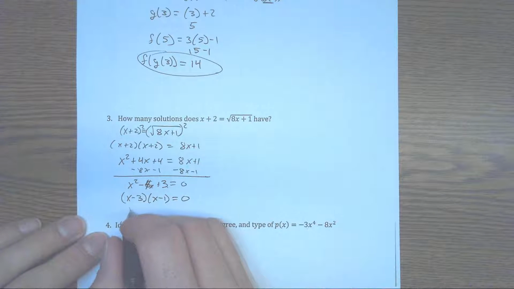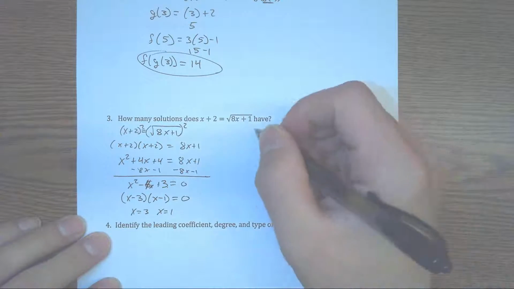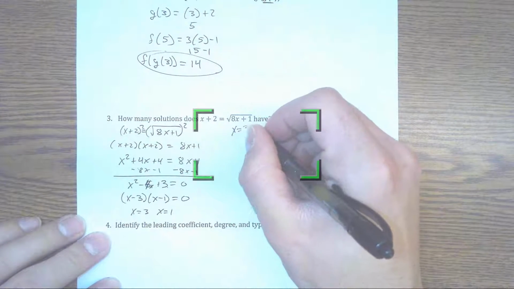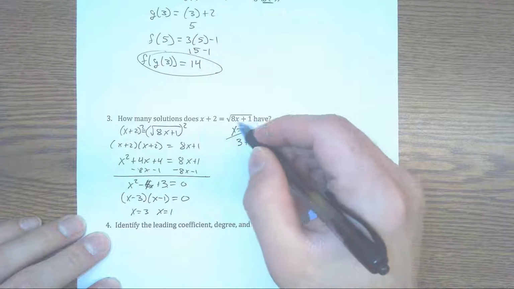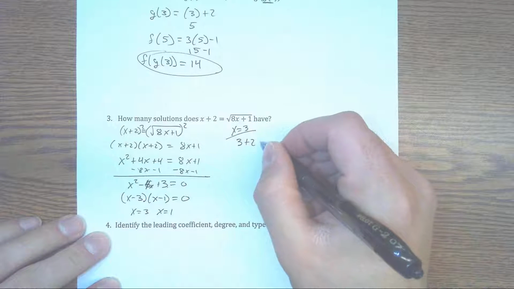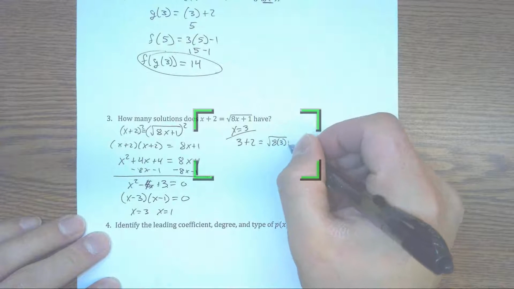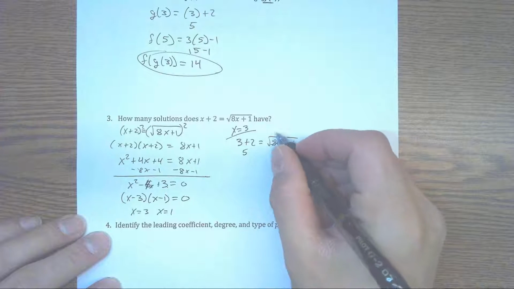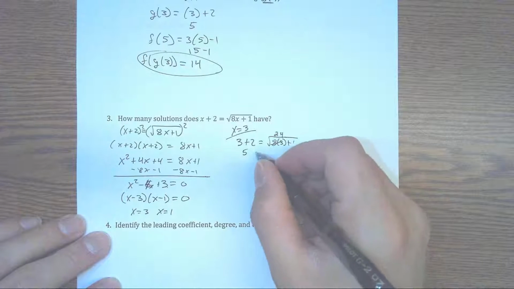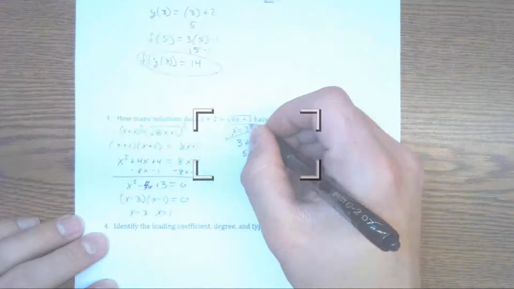Alright, solve this. x equals 3, x equals 1. Let's check now. x equals 3. I'm substituting it back into the original. 3 plus 2 is equal to radical 8 times 3 plus 1. This is just 5. 8 times 3 is 24. 24 plus 1 is 25. Does that work? Yes, it does. So this is a solution.